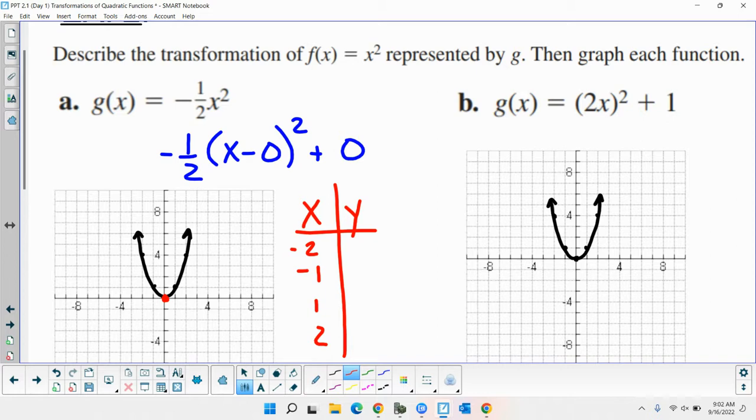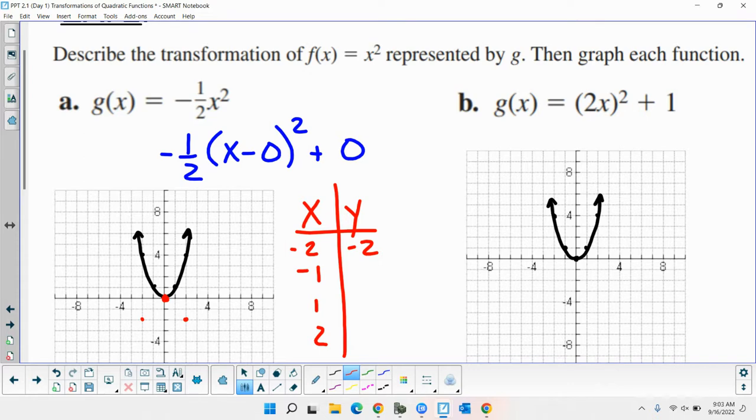So at negative 2, it's at negative 2. And what's going to happen at positive 2? Are we going to get the same thing? Because positive 2 squared is positive 4. Half of 4 is 2, but it's negative, so negative 2.